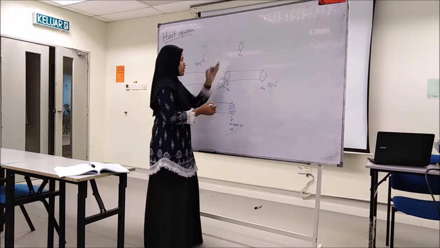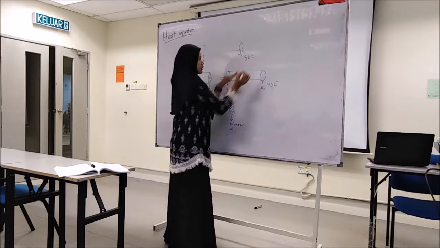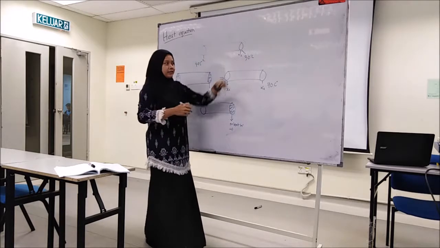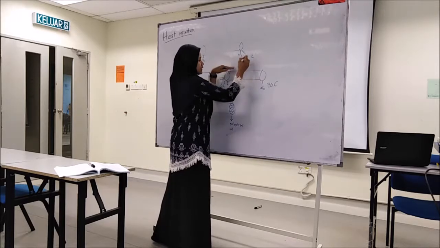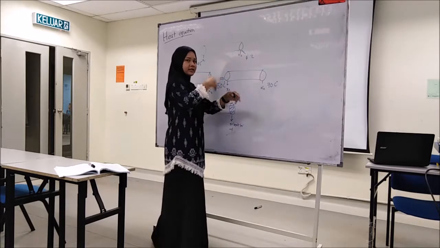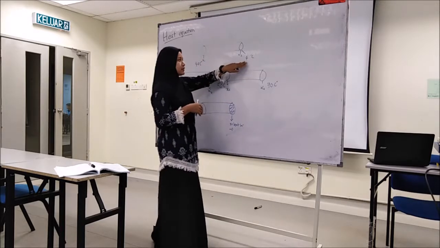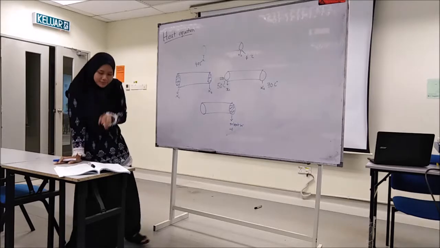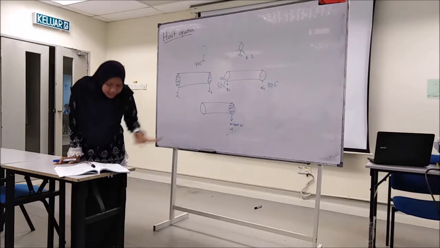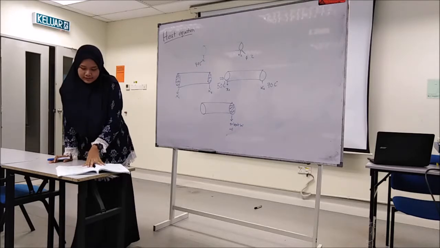Oscillate with time means, for example, for 30 minutes you have 30 Celsius, and for another 30 minutes you use another temperature. So it will oscillate between these two temperatures. This is the fourth type of boundary condition that we will tell you later.